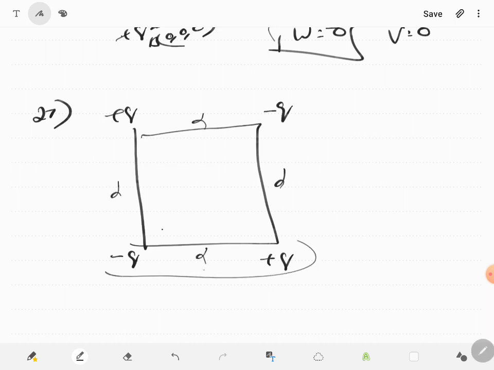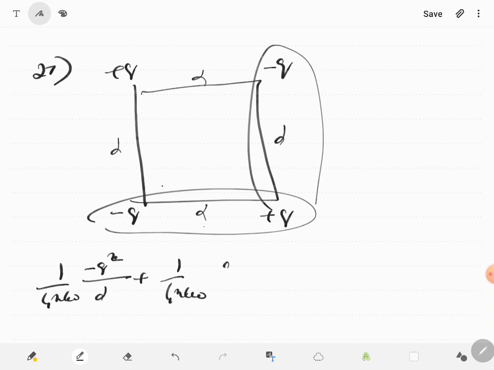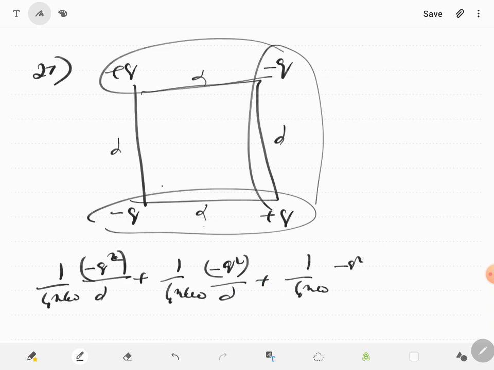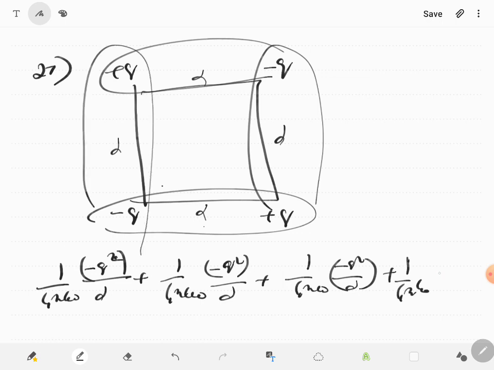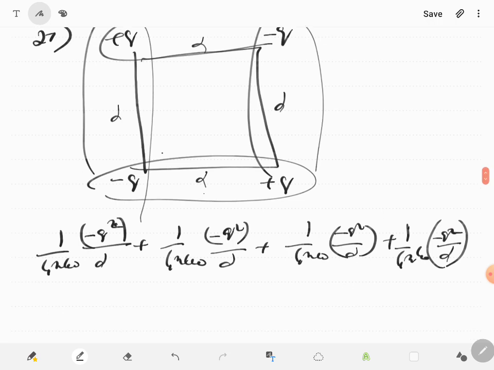So you take this potential energy, which is 1 by 4 pi epsilon naught into minus q into plus q, so minus q square by d, plus again 1 by 4 pi epsilon naught into minus q square by d, plus again between this and this 1 by 4 pi epsilon naught into minus q square by d, because potential energy involves multiplying both the charges by the potential. The work done is nothing but the potential energy.